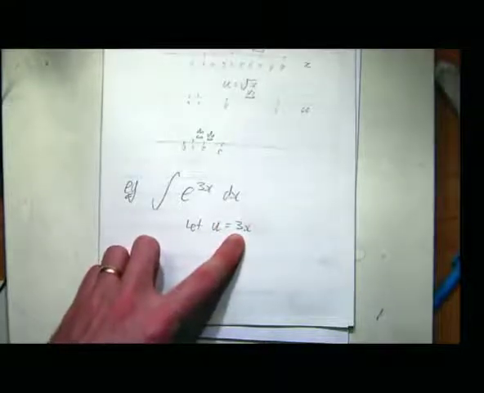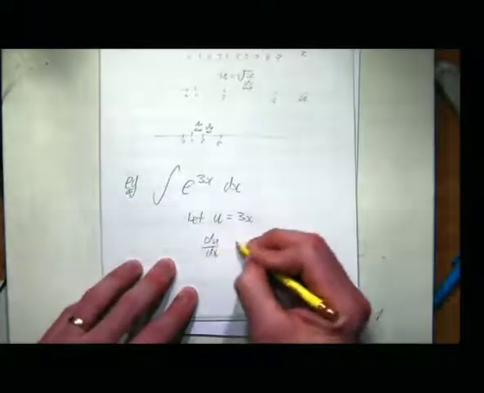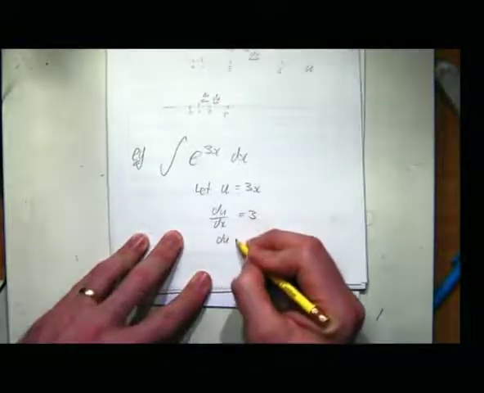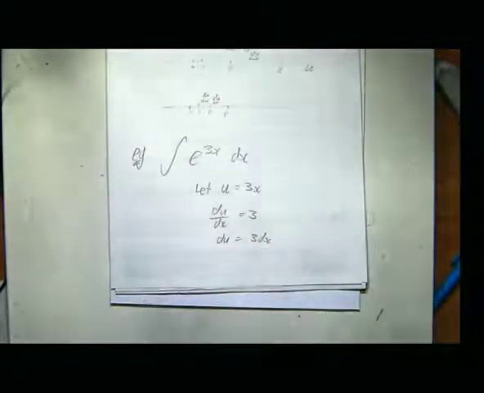That's what that is. It's the derivative. So I'll figure out what du on dx is. And it's 3. And that tells me that du is 3 times the size of dx. Is that all right?